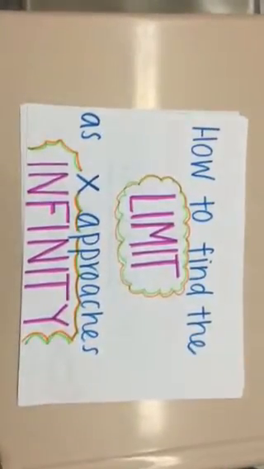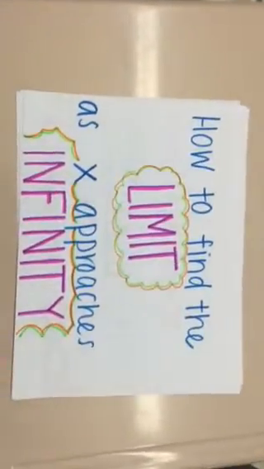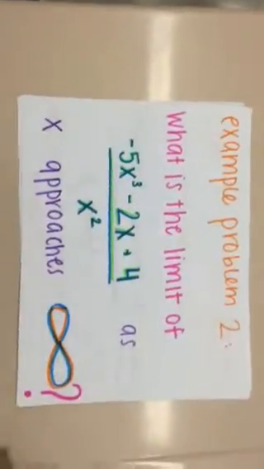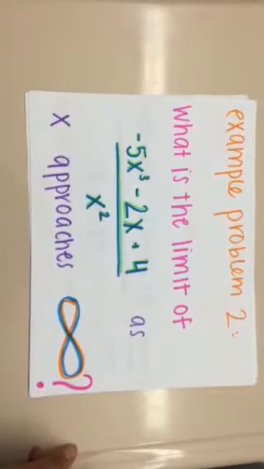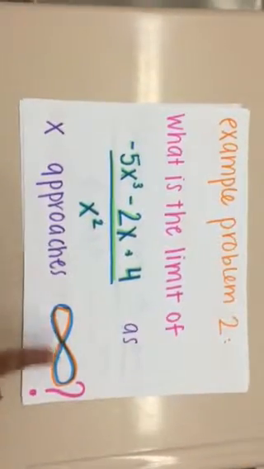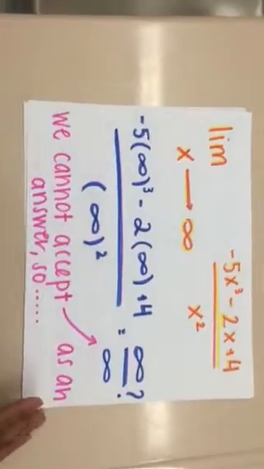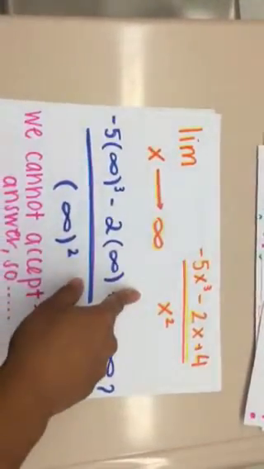Okay. What if they ask us what is the limit as x approaches infinity? So in this problem, what is the limit of negative 5x to the third minus 2x plus 4, over x squared, as x approaches infinity?